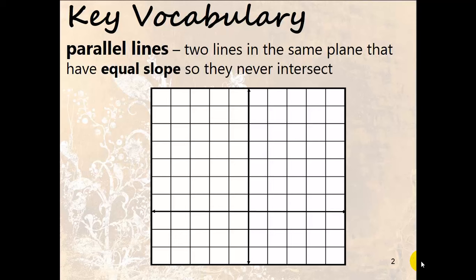All right, let's talk about parallel lines. Parallel lines never intersect. So in order for that to happen, what do you think has to be said about their slope? Well, for them never to intersect, their slope has to be equal.